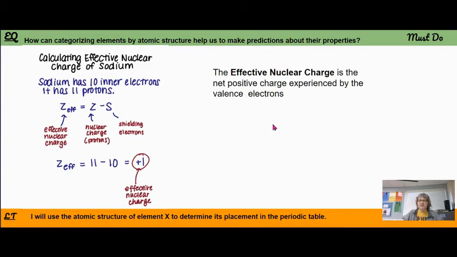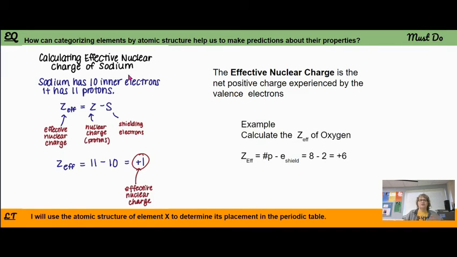They call that Z effective, and Z eff is equal to the nuclear charge, so the number of protons, minus the shielding electrons, so the core electrons.